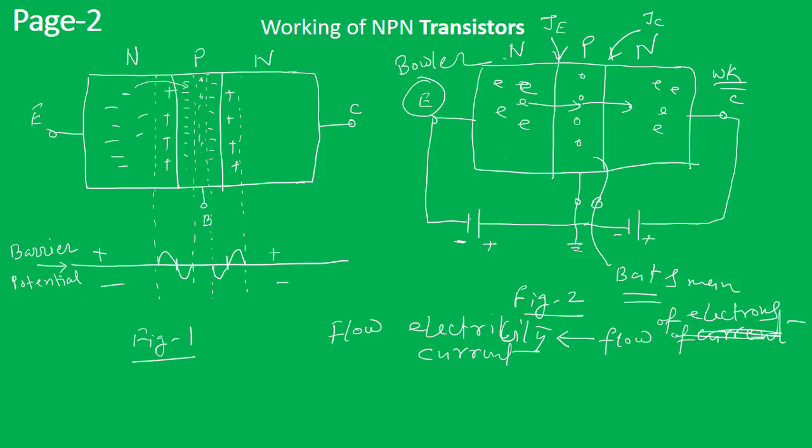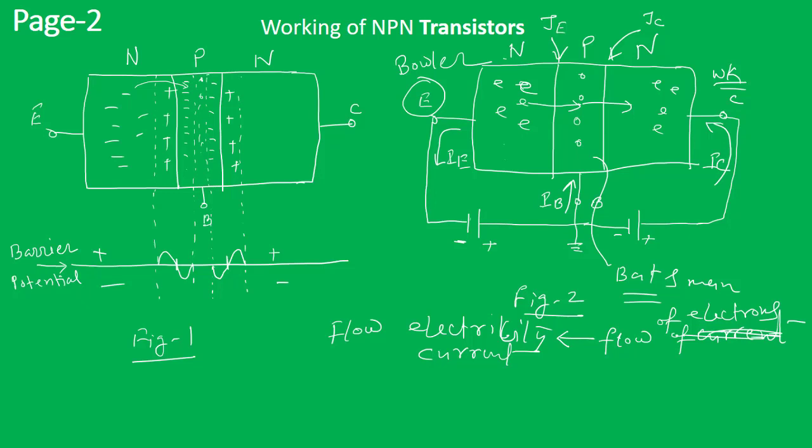So when electrons are flowing from emitter to collector, the current IC is flowing in this direction, which is exactly opposite to that of the PNP transistor. Here also we have the opposite direction: IB is towards the base and the emitter current is flowing like this. That is the major difference between NPN and PNP transistors.